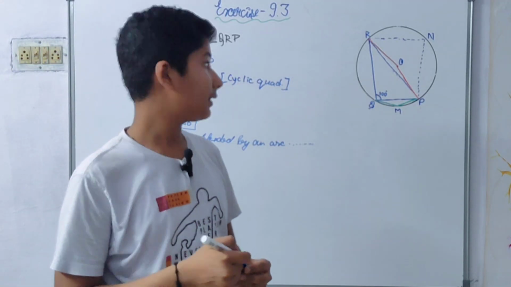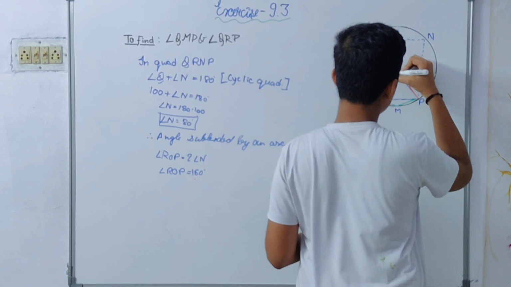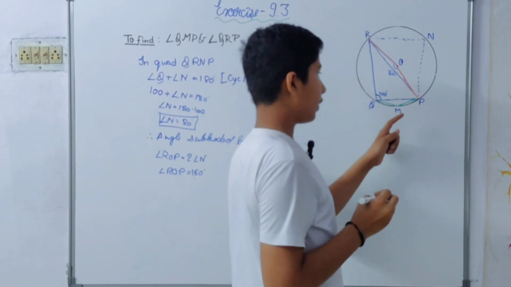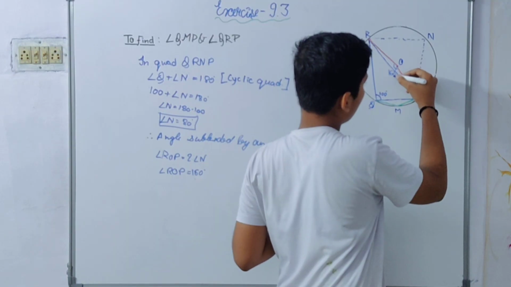Angle ROP is 160 degree. So we can write 160 degree.